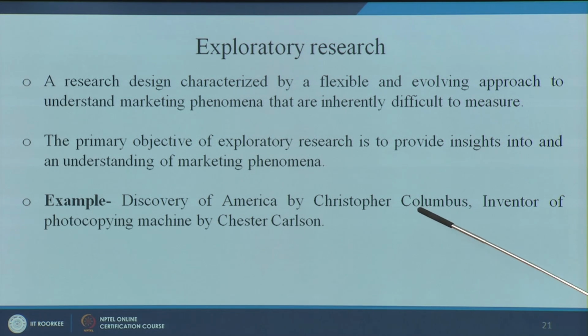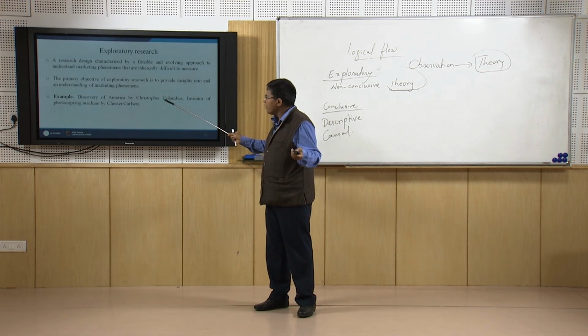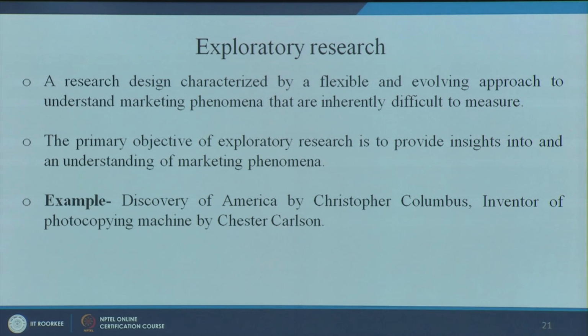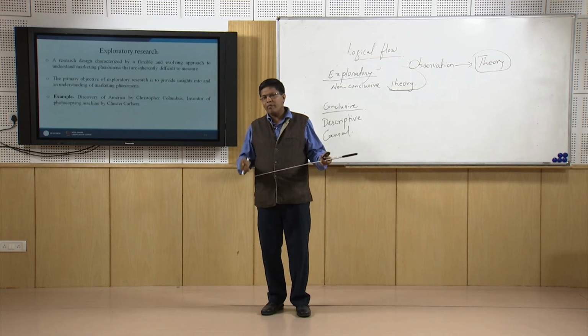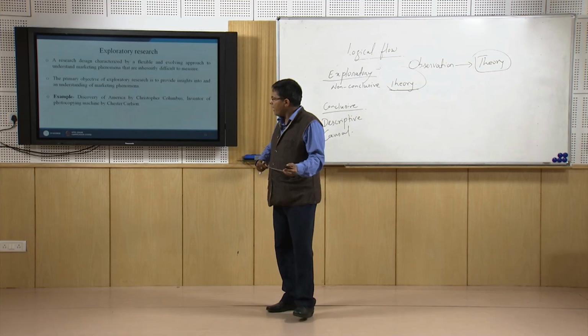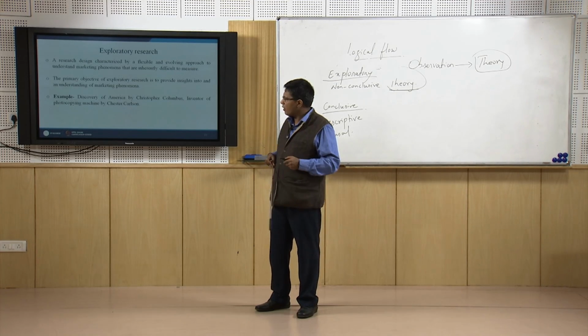He did not know what he would find, he was just navigating the world and suddenly discovered America. Similarly, the photocopying machine, when Carlson developed it, he had no clue what exactly he was doing, but he thought maybe he would be able to find out something like this. So, exploratory research helps to explore and understand the nuances of a particular research problem.